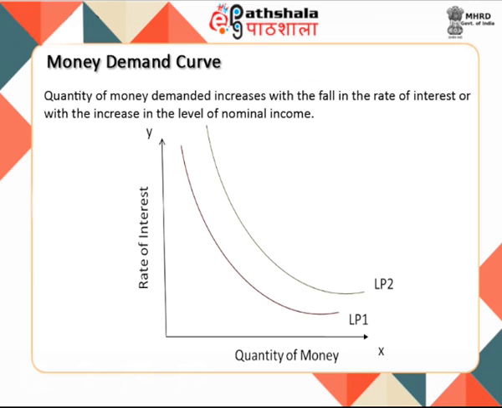As demand for money is inversely related to the rate of interest, the money demand curve at a given level of income will be downward sloping as shown by the curve LP1 in figure 9.2. When the level of money income increases, suppose from Y1 to Y2, the curve of demand for money shifts upward to the new position LP2.